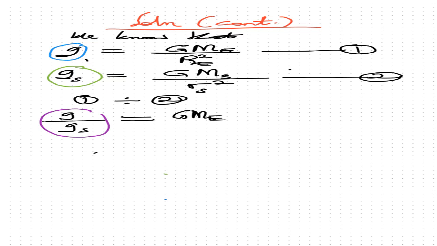Do you understand? I've done the left hand side. So the right hand side will give me what? It is RE squared divided by what? GMS over RS squared. Are we okay? So if we are to continue this, what are we going to get?